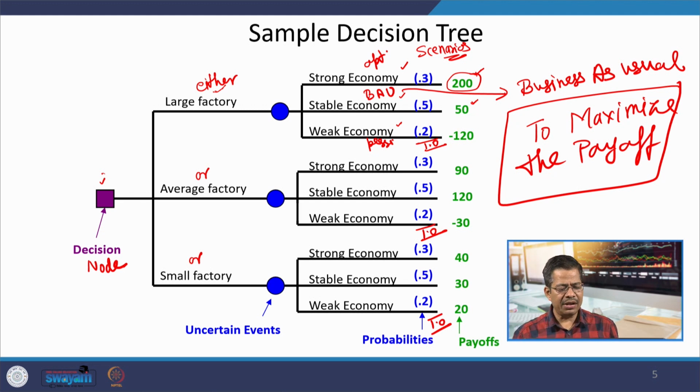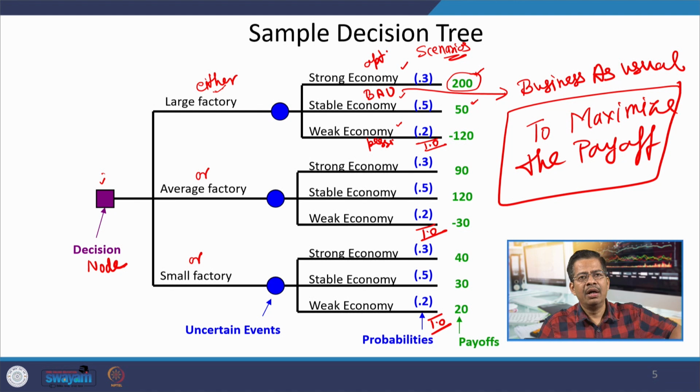So, you can say that I am not sure whether the economy will be strong or weak, but on one side I may gain up to 200 rupees and on the other side I may have a loss of 120 rupees. On the other side, if I open a small factory, whether the economy is strong, stable or weak, I will always have a positive payoff, though this positive payoff is very small, 40, 30, 20, but still I will never be in loss.